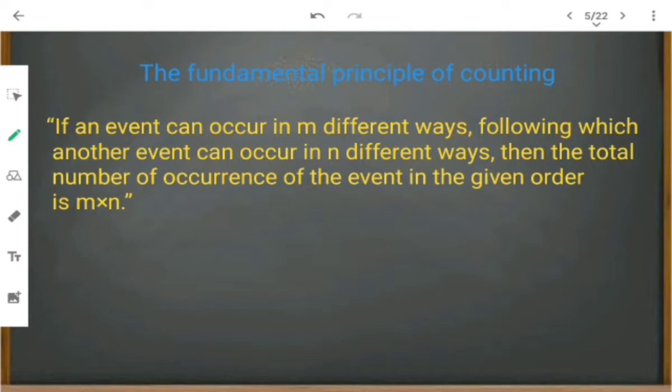How many water bottles have you taken? 3 water bottles. And how many lunch boxes? 2 lunch boxes. That is 3 twos are 6. So totally in 6 ways you can take the lunch box along with the water bottle to the school. This we call the fundamental principle of counting.